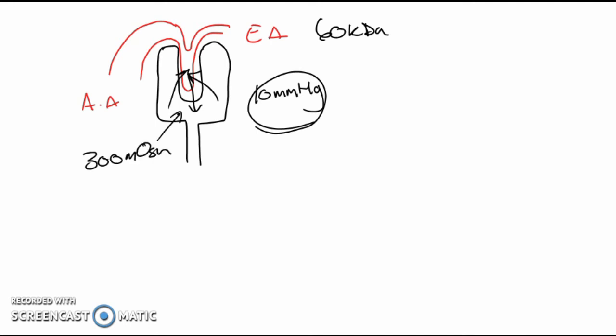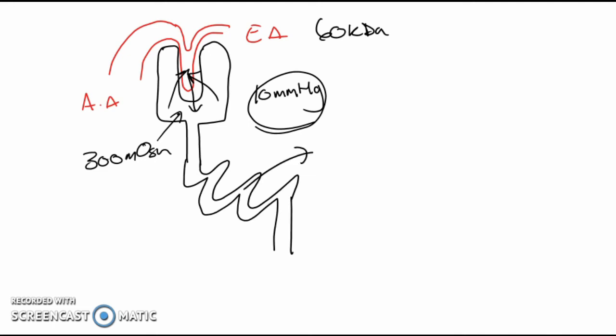So as you go through the proximal convoluted tubule down into the loop of Henle, what happens is we take out a load of salt and then water will follow it. So if we take out water and salt from this, we're going to change the osmolality, but then we put it all back here.